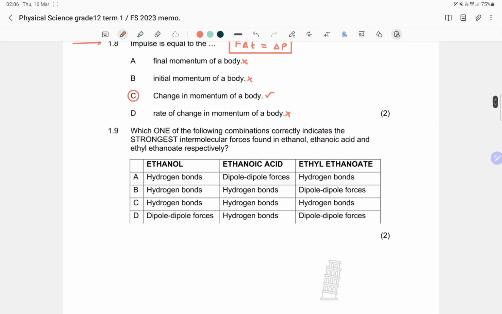Moving quickly, which one of the following combinations correctly indicates the strongest intermolecular forces found in ethanol, ethanoic acid, and ethyl ethanoate.